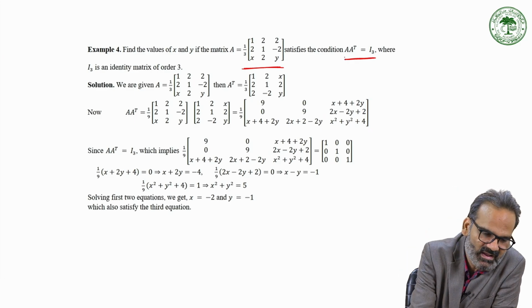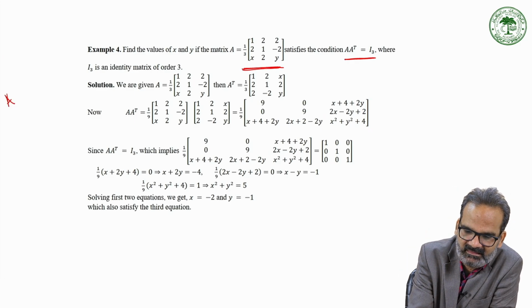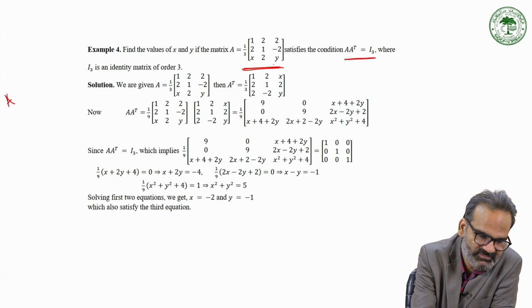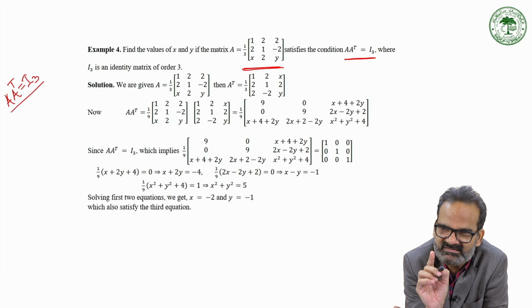See this, you have been given a matrix A. What does the question say? The question refers to A as a matrix and AT as its transpose. What is given: A AT is equal to the identity matrix. Then find the values of x and y. Hope you understand the question.